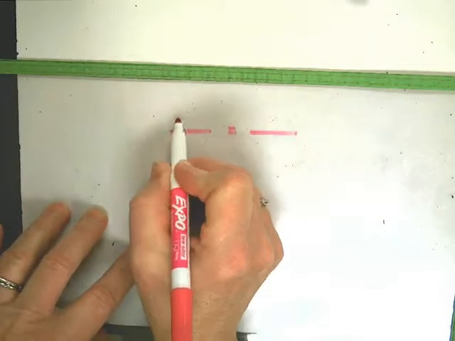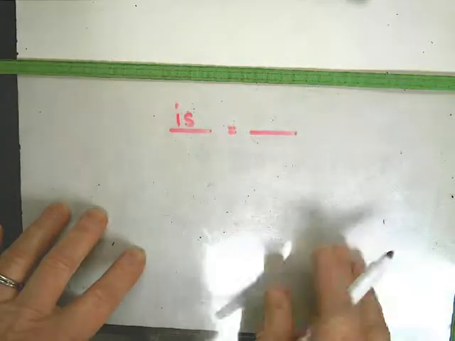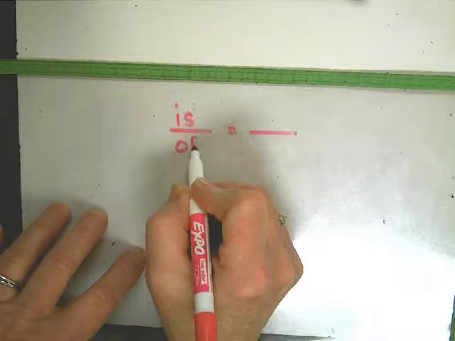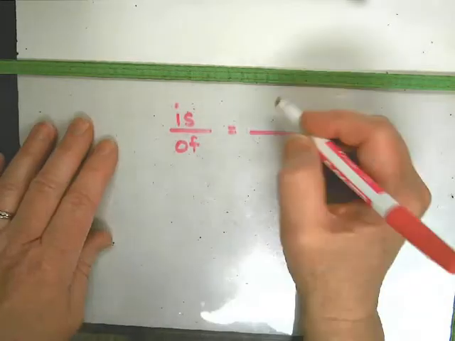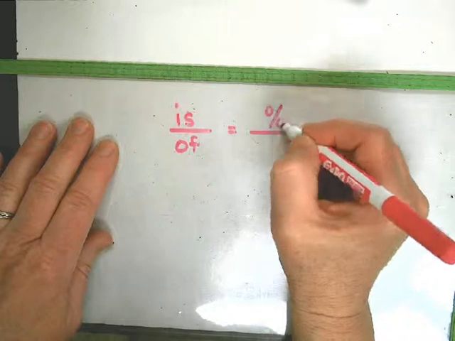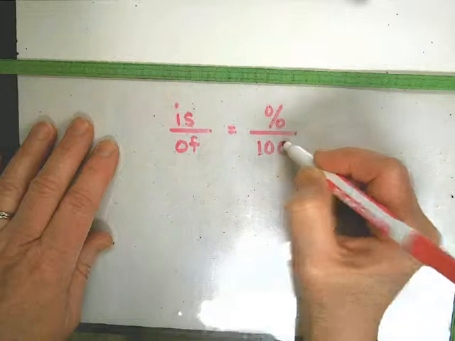You're going to put the word is up here. You're going to put the word of down here. You're going to put the percent sign here and the number 100 here.